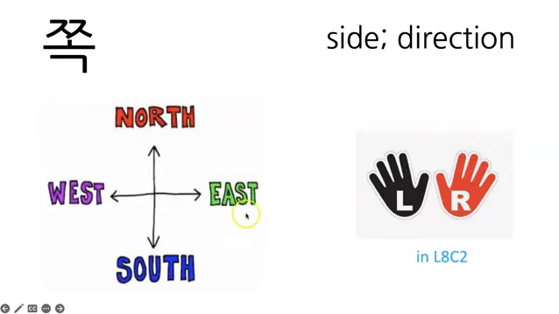So east side or east direction, that's 동쪽, 동 meaning east. West side or west direction, that's 서쪽, 서 meaning west. South, 남쪽. So south area or south side, that's 남쪽.